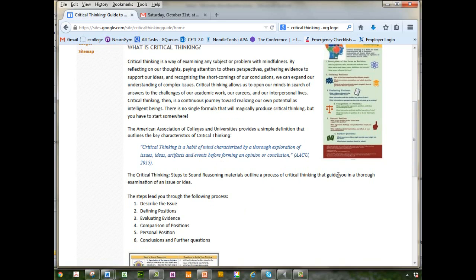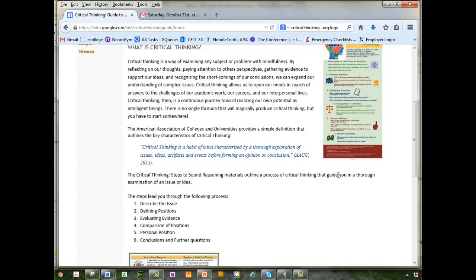It was developed by the American Association of Colleges and Universities, and it suggests that critical thinking is a habit of mind characterized by a thorough exploration of issues, ideas, artifacts, and events before forming an opinion or conclusion.